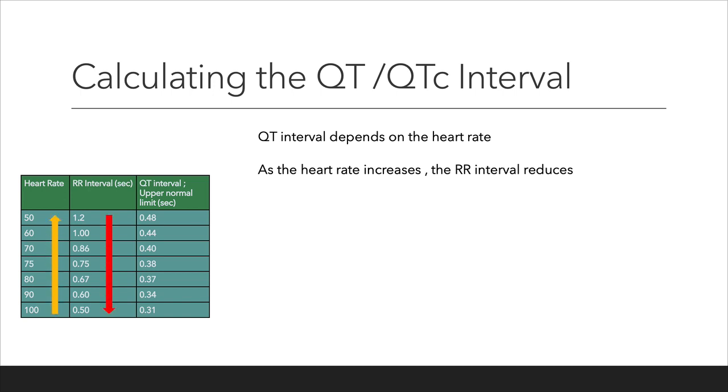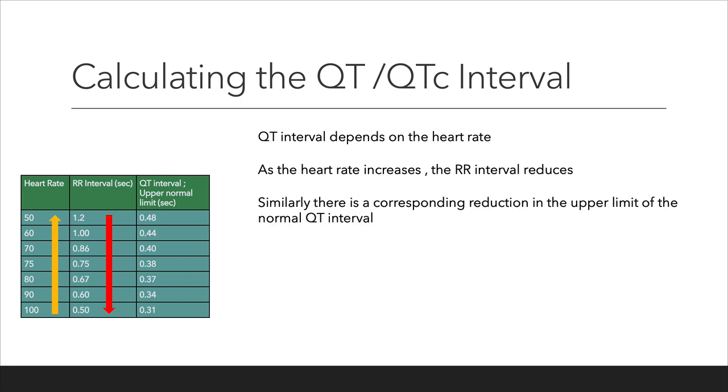So as heart rate is increasing, the RR interval is decreasing. And similarly, there is a corresponding reduction in the upper limit of the normal QT interval. So as the RR interval increases, the QT interval also normally increases. So we know as RR interval increases, the heart rate decreases.